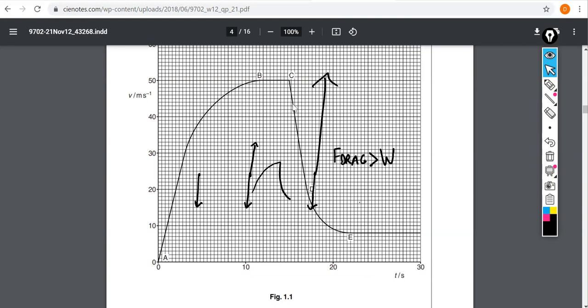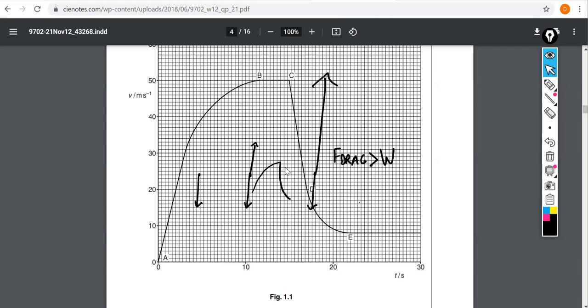So there's a constant slope right here due to the drag force from the parachute, but then because drag is proportional to velocity, as we slow down, this thing is getting shallower and shallower. And so once again, at point E, the drag force becomes equal to weight again, evidenced by the zero slope from E onwards.